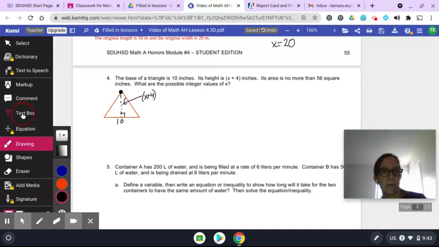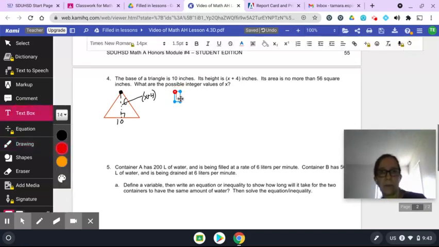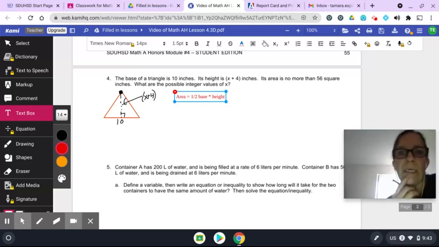This is stuff we have to remember from last year. The area of a triangle is equal to 1/2 base times height. That's because if you take two congruent triangles and put them together, you make a parallelogram. Parallelogram is base times height, but you had two, so you have to multiply by half. Okay, area is 1/2 base times height.